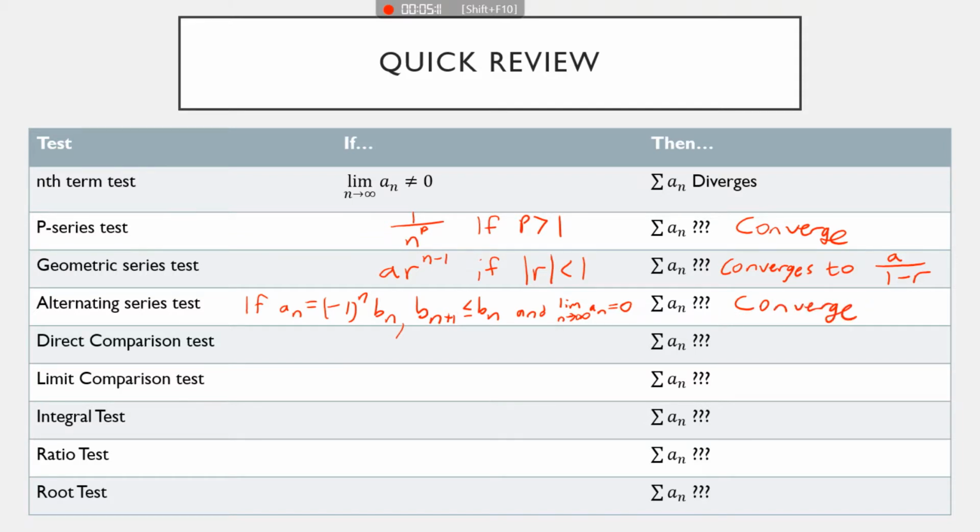Okay, how about direct comparison? So we compare it with a simple one. Okay, so I could say pick any other series you want.